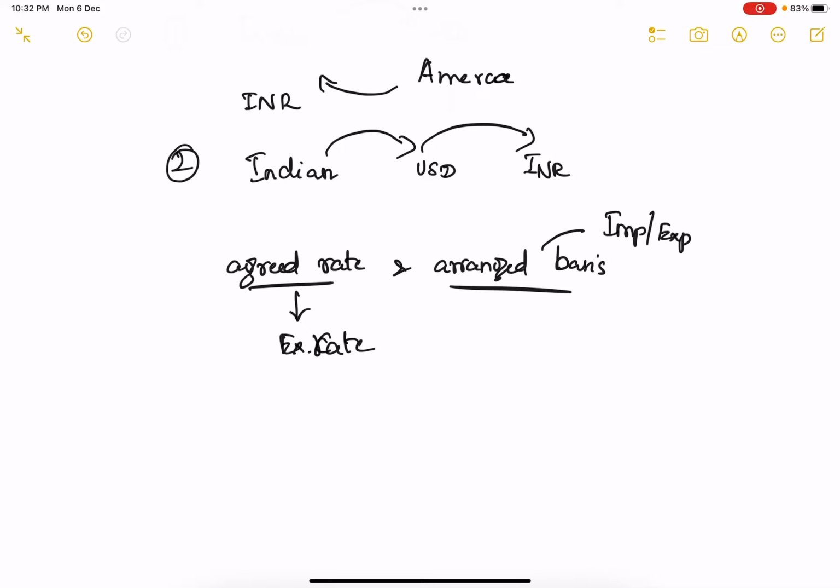To tell you exactly what an exchange rate is, today 1 US dollar is 75.34 Indian rupees. So the exchange rate is nothing but the number of units of one currency which exchange for a given number of units of another currency.